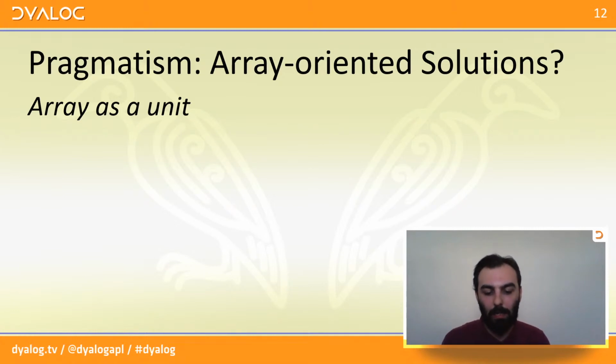Perhaps more importantly, how do I know when I'm going in an array-oriented direction? Or the slightly easier one is asking, when do I know I'm not doing something array-oriented? And this often boils down to this idea of treating the array as a unit rather than the individual elements in the array, applying your functions on these array units.